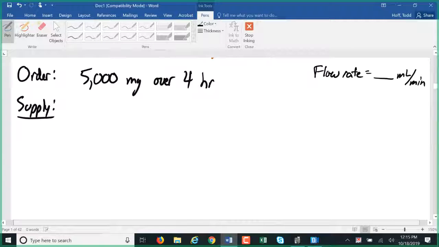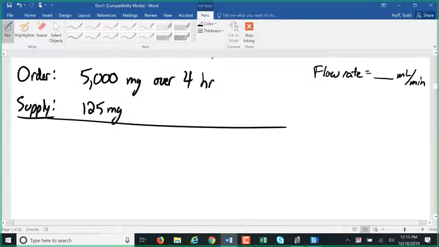We look at the label, it tells us that supply is 125 milligrams per 30 milliliters.